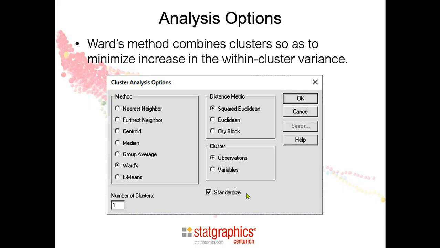Finally, there is an option to standardize the data before calculating distances. Standardizing the data means taking each variable, subtracting its mean, and dividing by its standard deviation. This is very important if you're working with variables that have different units.